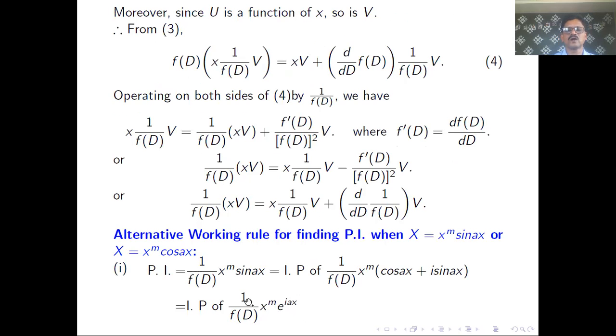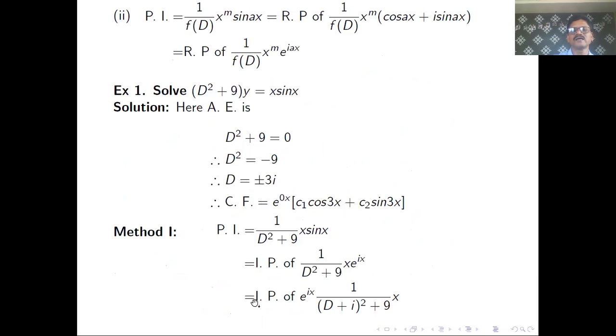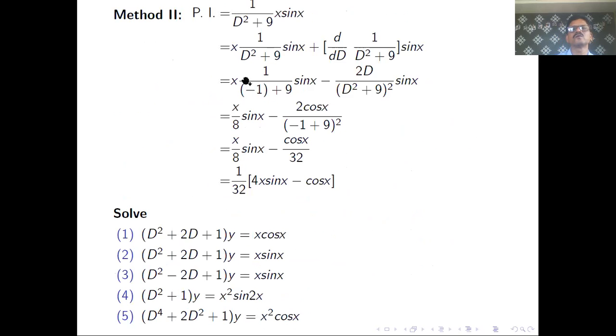Now in the next lecture I will show you that by using this result also, it gives the same value of particular integral. Today it may be possible for me to explain it, but the lecture becomes very lengthy, and that's why we will discuss how to find the same PI by using this formula in the next lecture, and that we call method 2, that I have shown here. You have to remember it, but we will discuss that part in the next lecture.